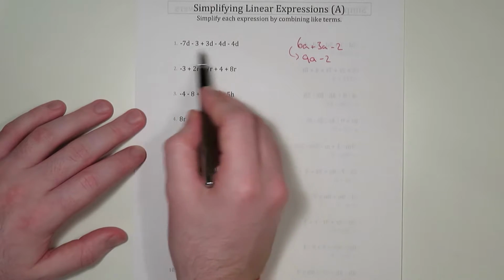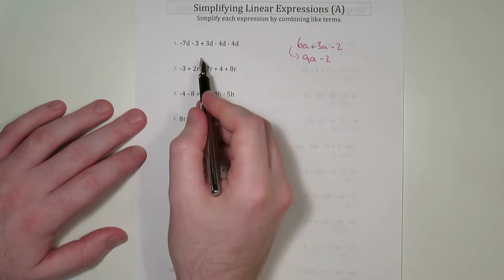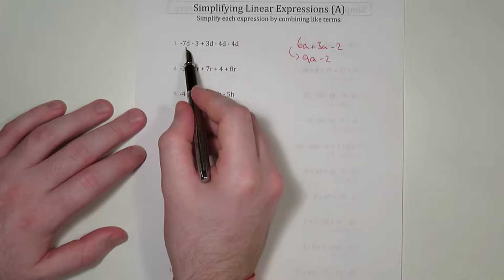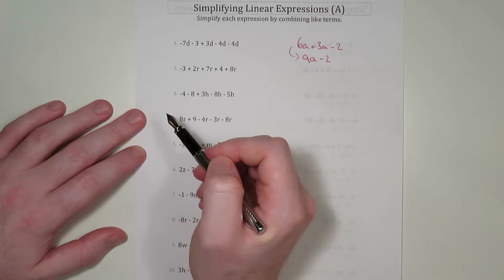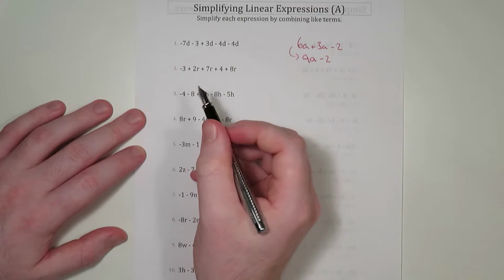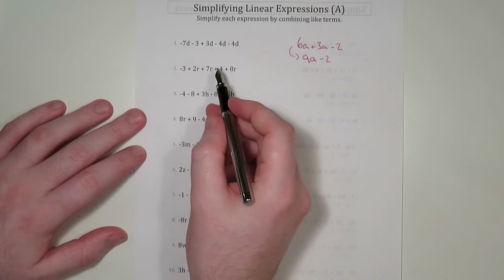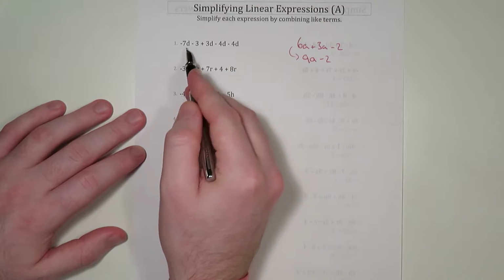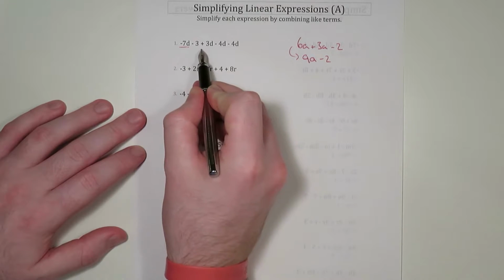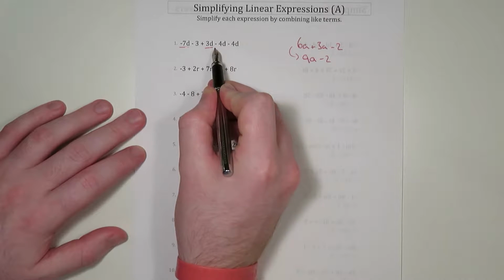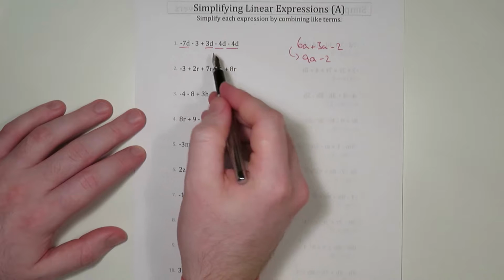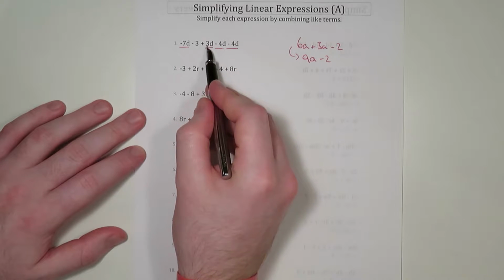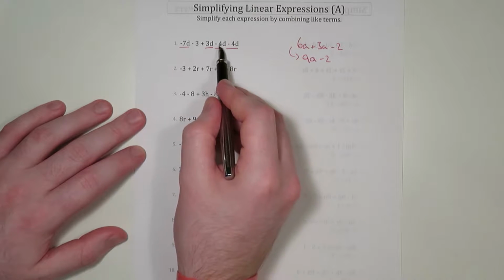Okay, so let's take a look at question 1 here that we're given. So we've got minus 7d minus 3 plus 3d plus 4d minus 4d. Okay, well how do we do that? Well, if we have a look at all of the terms that involve a d, we have this term here, this one, and this one. So we have a positive 3d, we're going to subtract 4d from that.